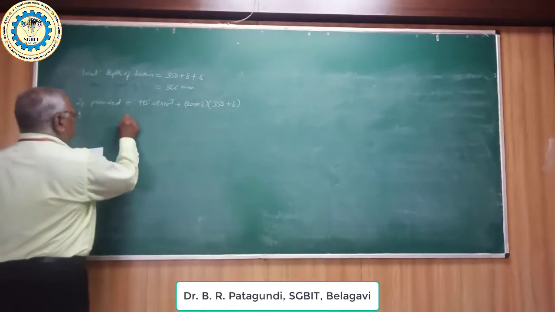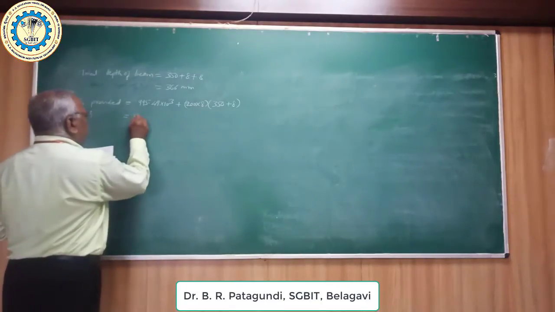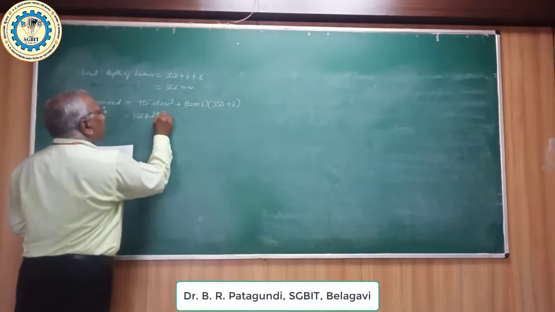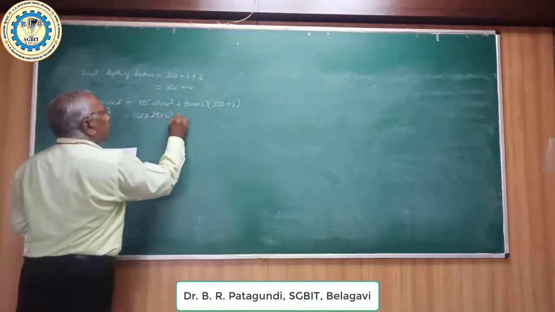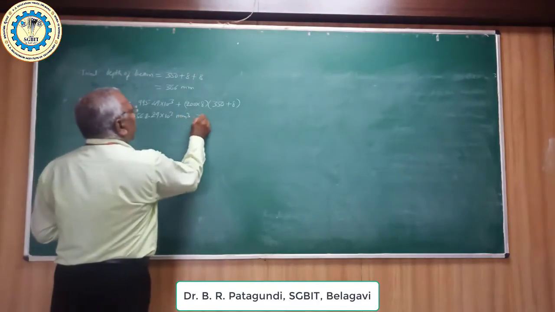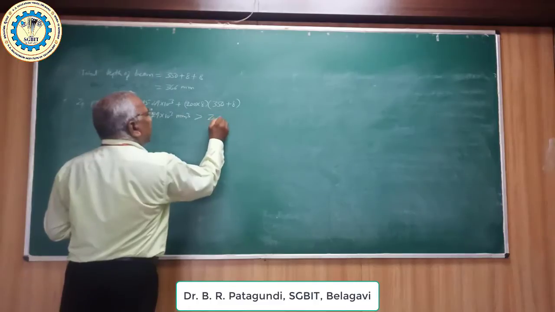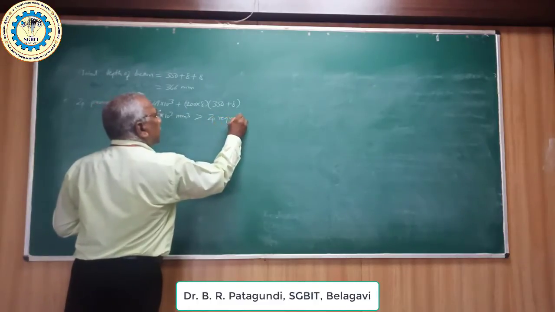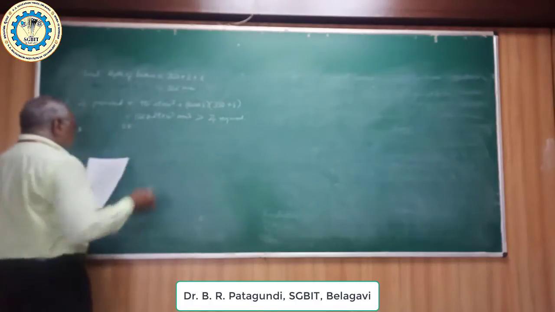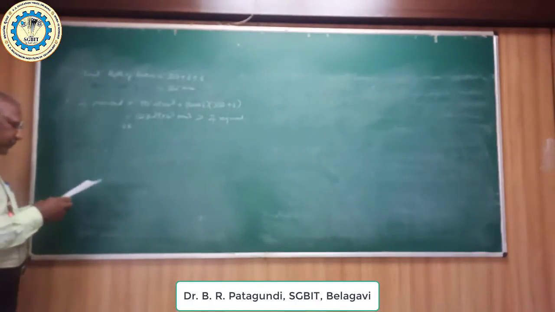So the ZP provided is 1568.29 into 10 power 3 millimeter cube. So it is more than ZP required. Therefore, the selected section is okay.